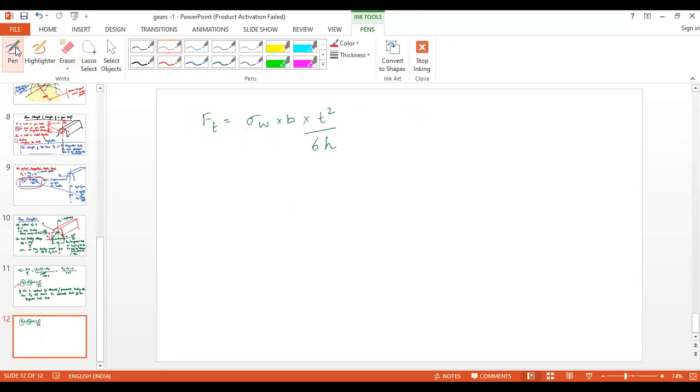Now this equation will give the strength, but this is not the final form. We need to reduce it further. So let T is equal to X times PC, and H is equal to K times PC. What is PC here?